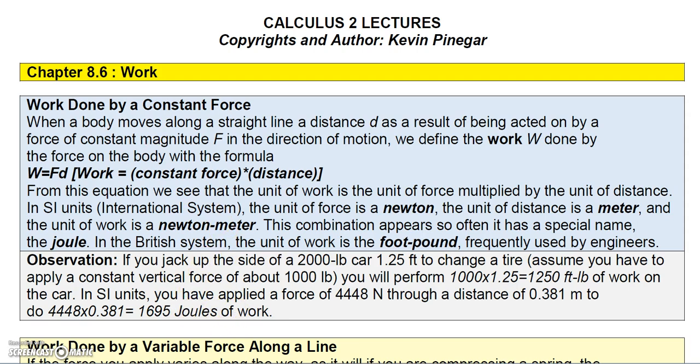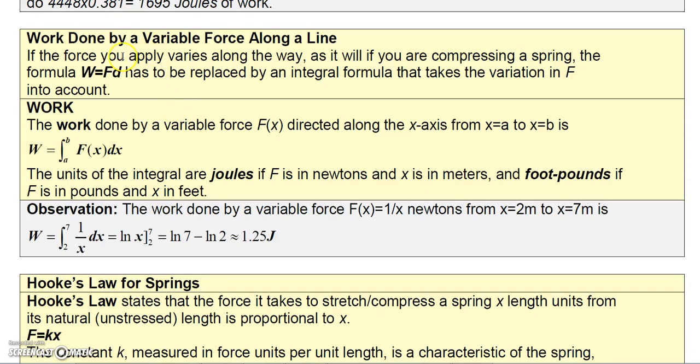work. Now if we want to talk about the work done by a variable force along a particular line, we can do this. If the force you apply varies along the way, as it will if you are compressing a spring, then the formula W equals F times d has to be replaced by an integral formula that takes that variation of the force into account.